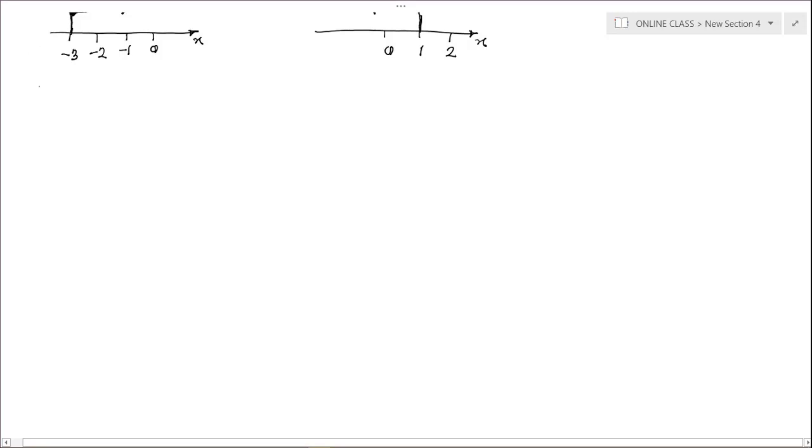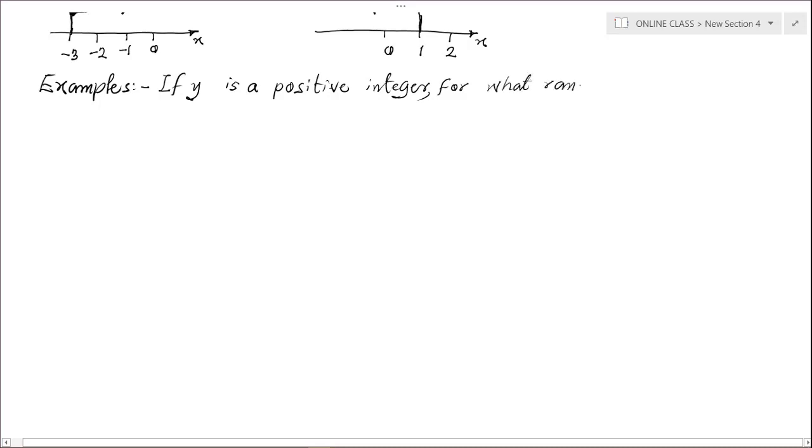Now, the example says that if y is a positive integer, for what range of values of y is x.